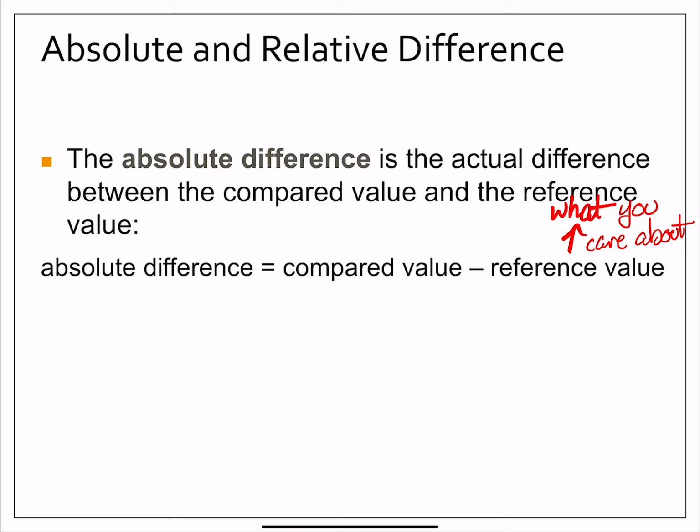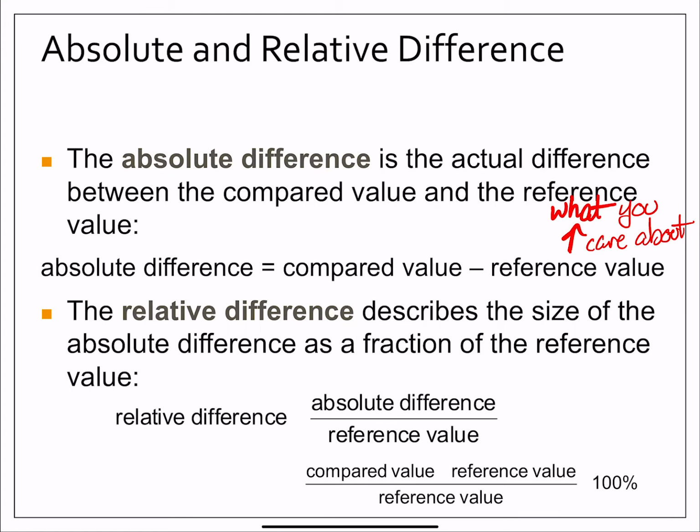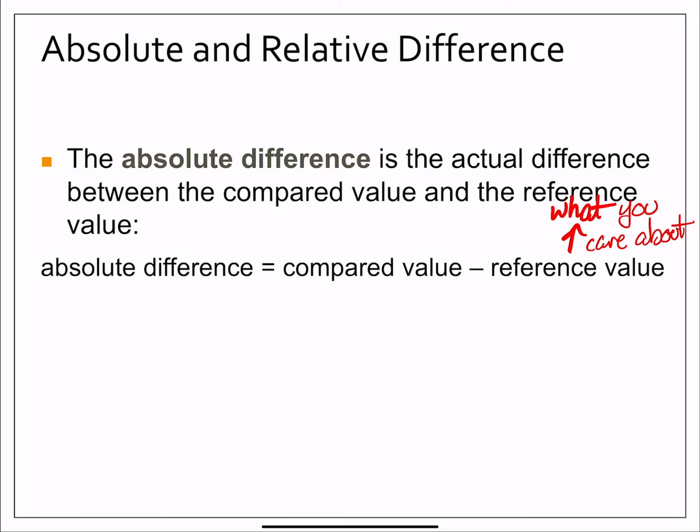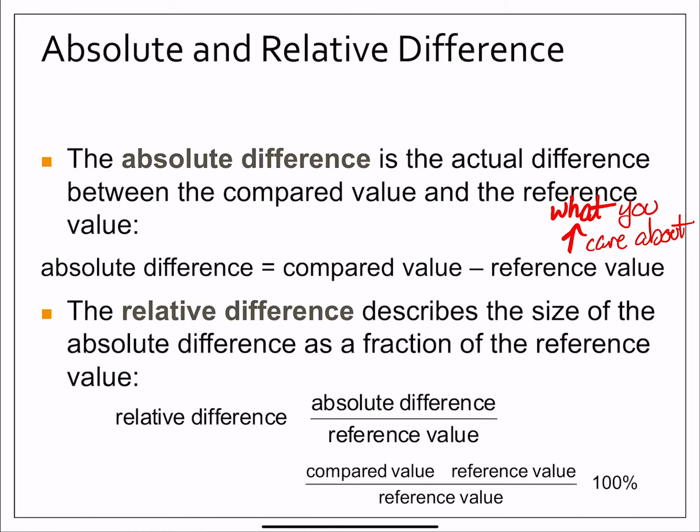And the relative difference, on the other hand, is also exactly the same. I don't know why some of my things just disappeared on me, but this is the relative difference.